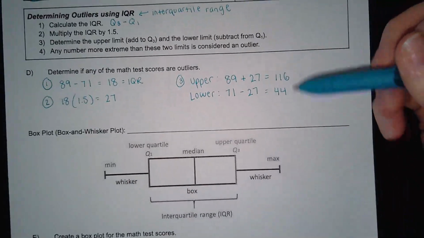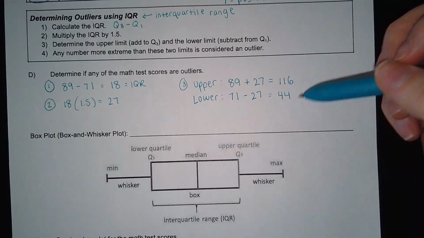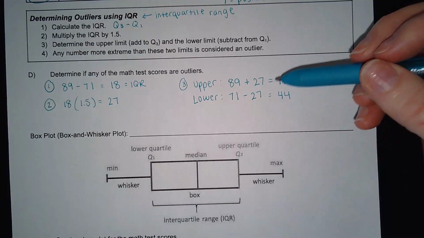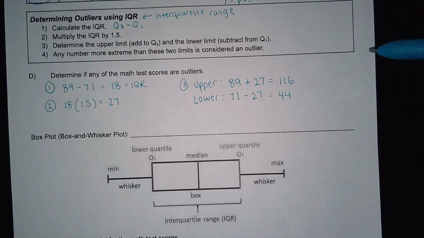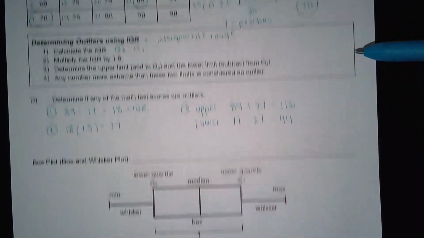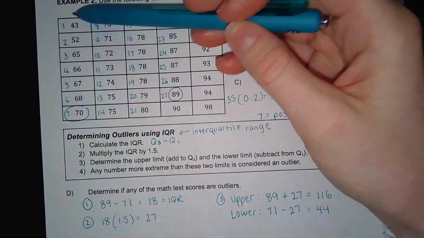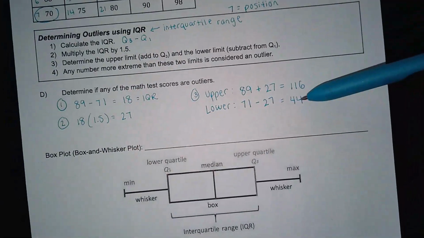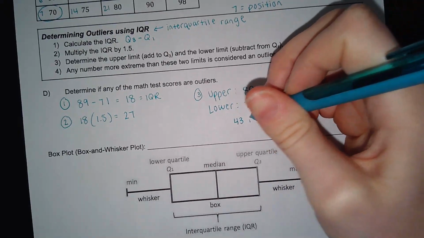Now, this gives me my range. So 44 to 116. Anything outside of this range, anything higher than 116 or anything lower than 44, would be considered an outlier. So if I go back and look at my data, I don't have anything higher than 116, but this value of 43 is lower than my lower limit, which means that 43 is an outlier.